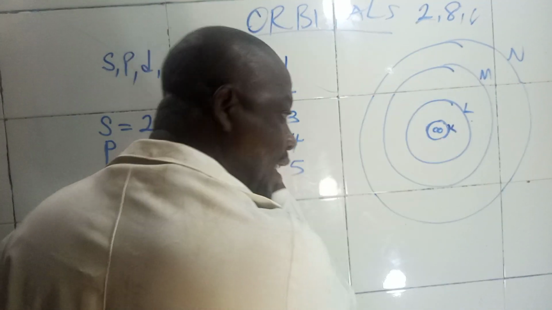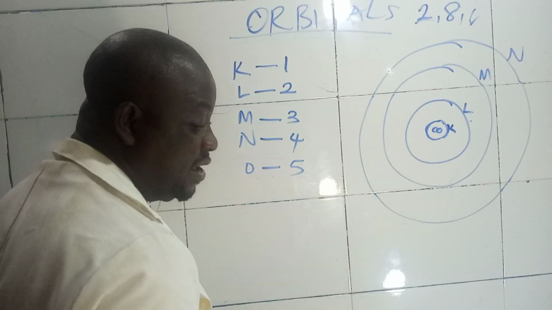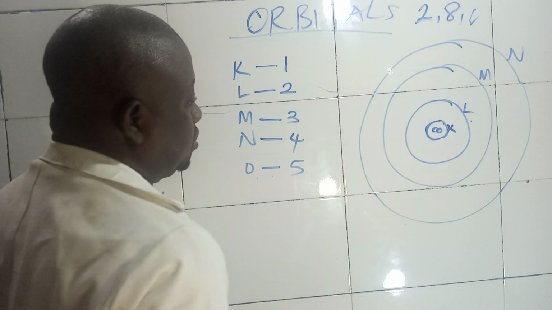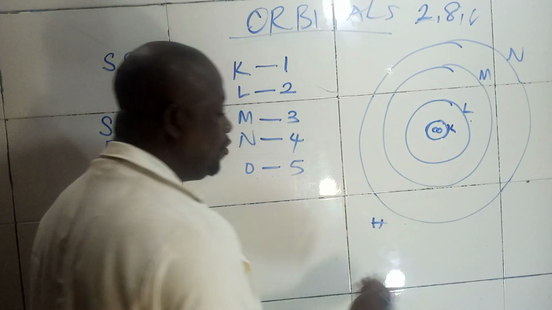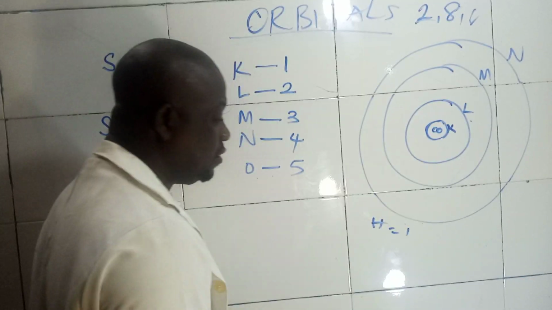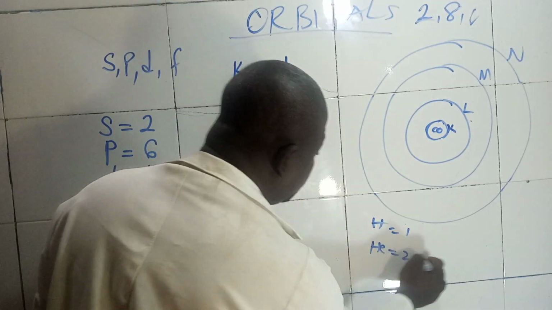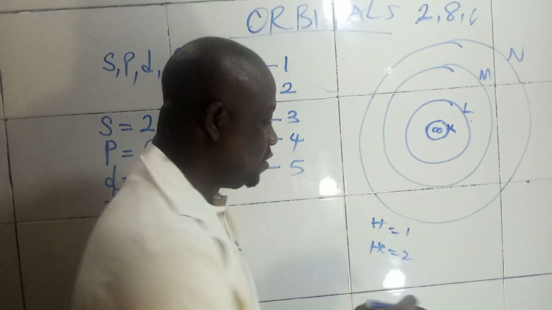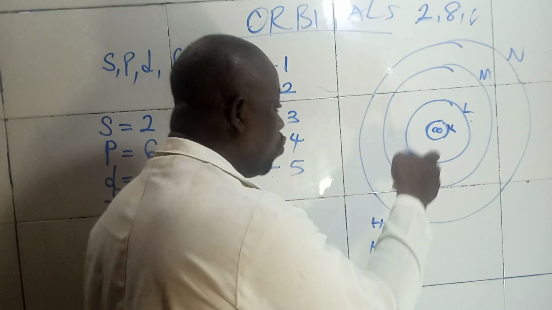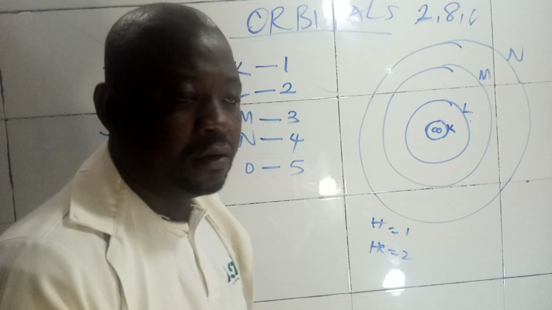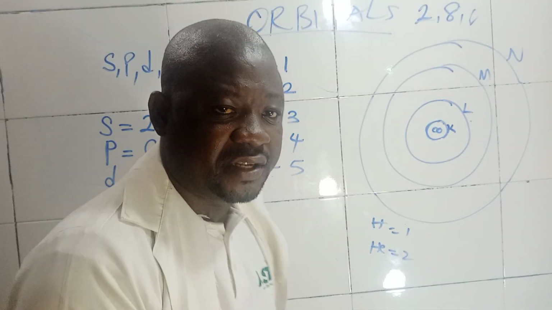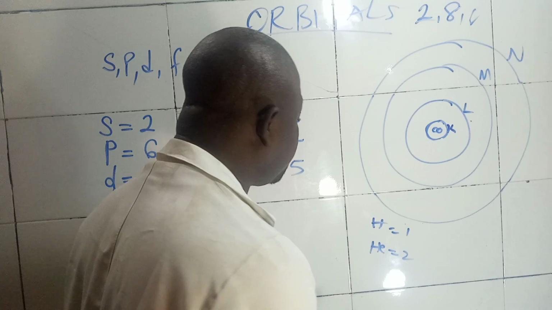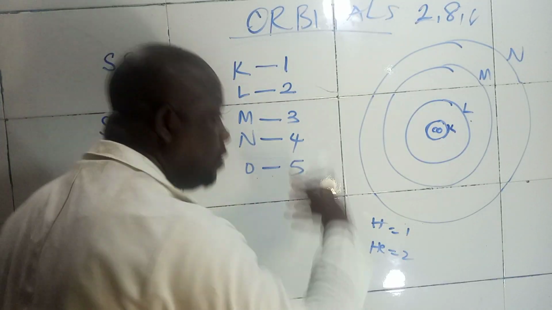So for your K shell, for instance, let's say I have hydrogen. Hydrogen has how many electrons? Just one. Helium has 2 electrons. For me to write the electronic configuration, you say 1, and you enter into the K shell. But if you are writing the orbital representation of energy level, you don't say just 1.